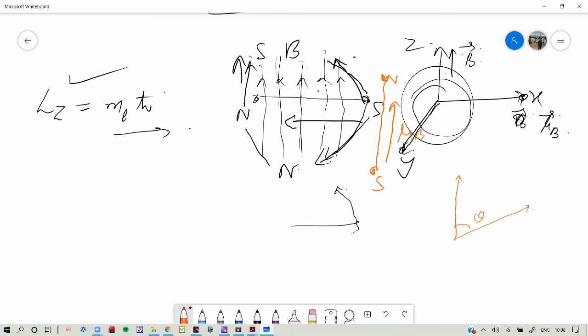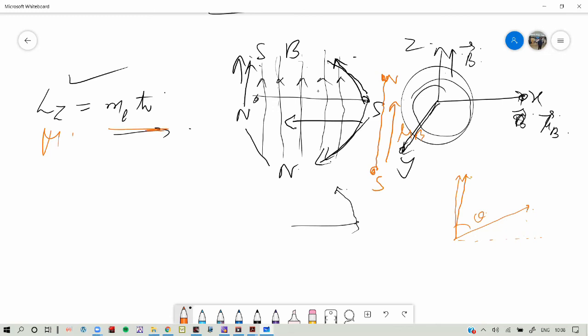So you resolve this into its components. So one component will be in this direction, then you take the different components of this L, and that is Lz in this direction. So we specify this Lz in terms of ml h cut.